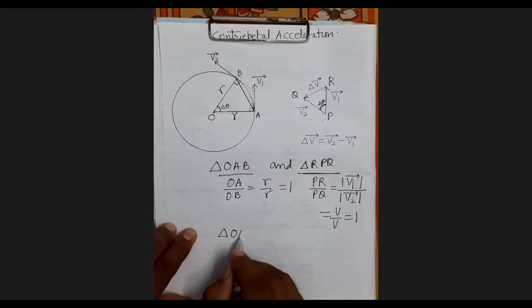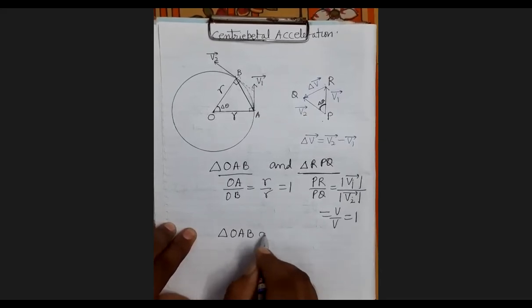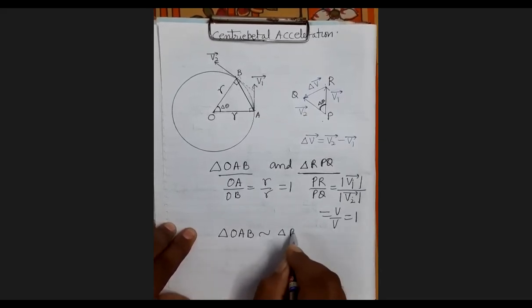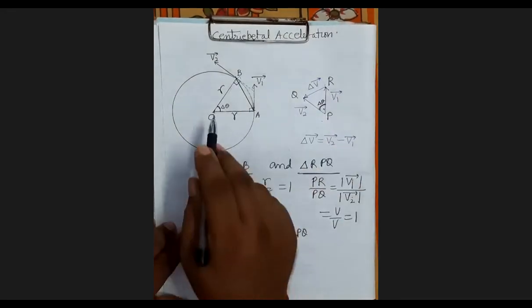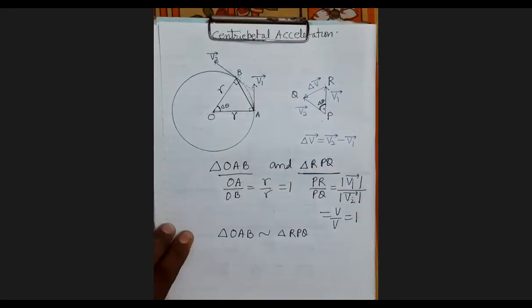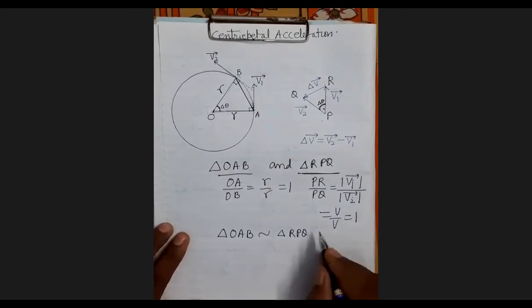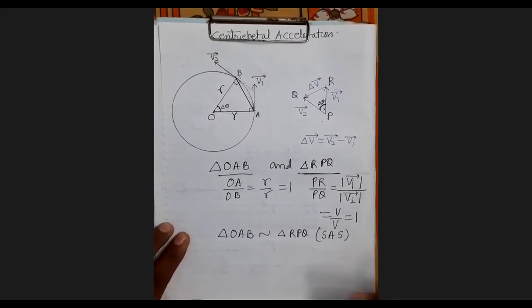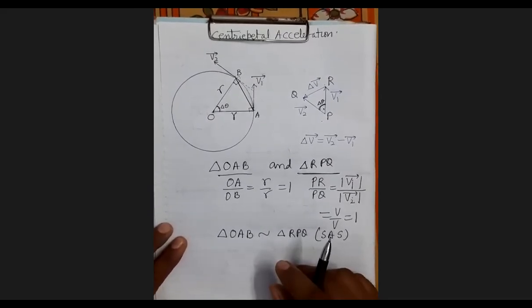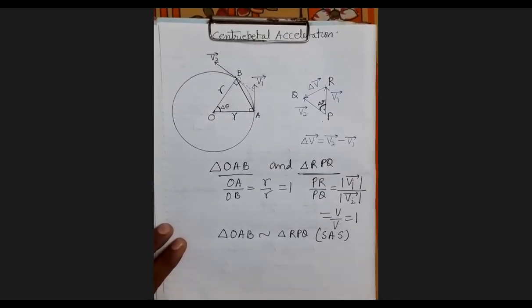Why will they be similar? You have already studied one property: if one pair of angles is equal and the sides including them are in the same ratio, then both the triangles will be similar. And when they are similar, then the ratio of corresponding sides will be the same.